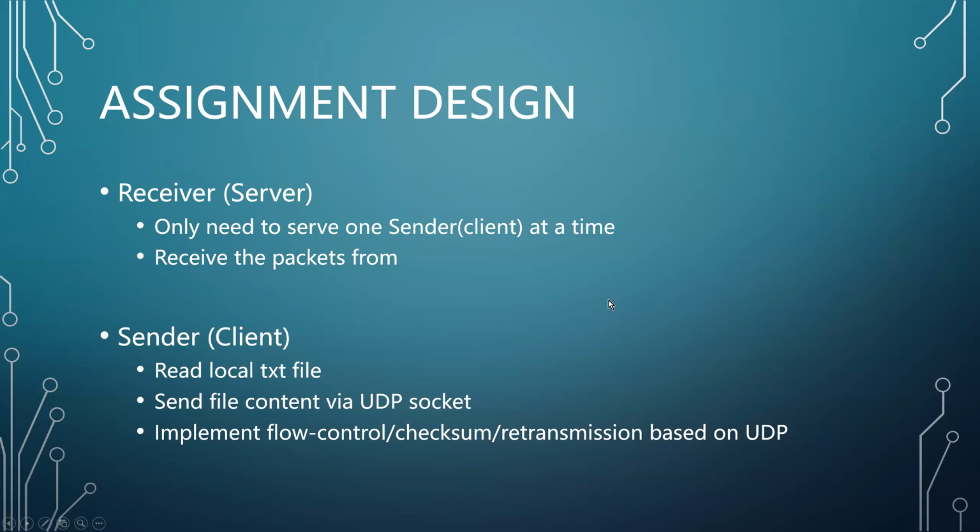For the receiver, we only receive the packets from UDP. Just like the sender, we need to implement flow control, checksum and retransmission, just like TCP. This is the hardest part, and that's the main logic for the sender and receiver.